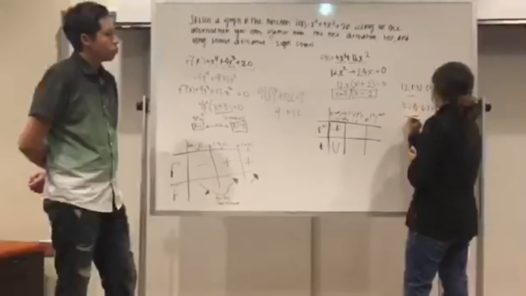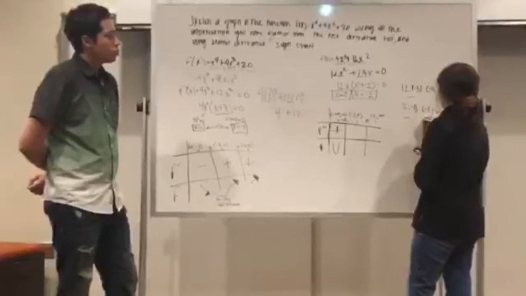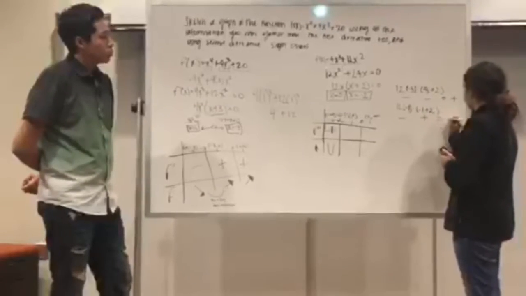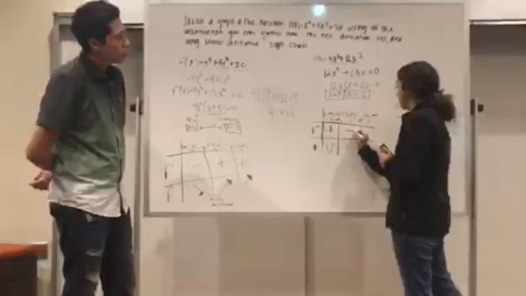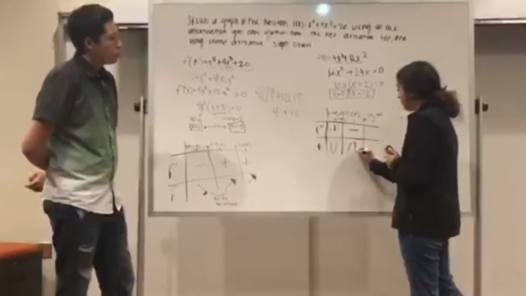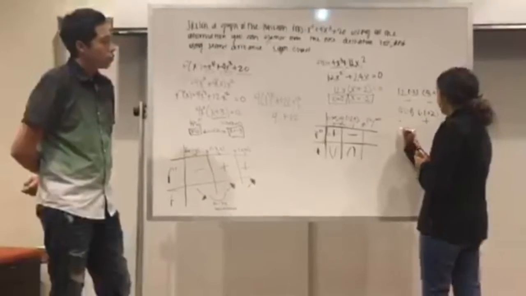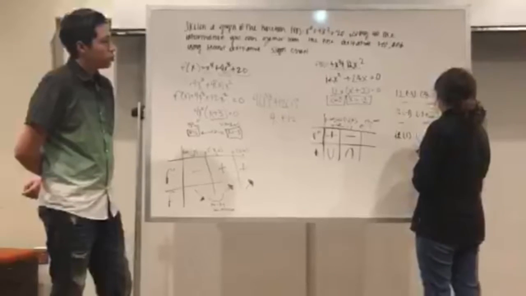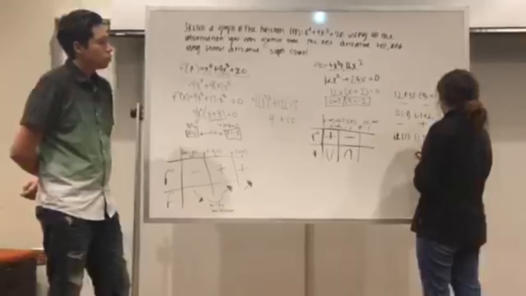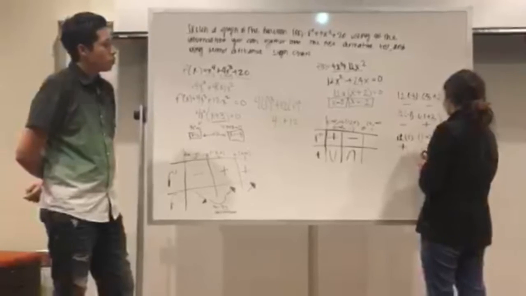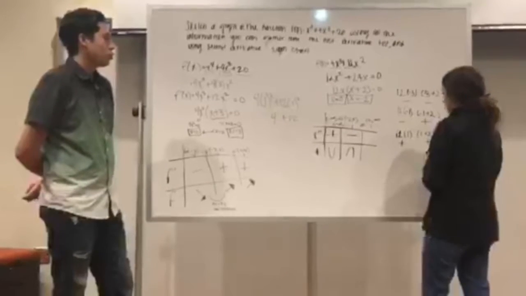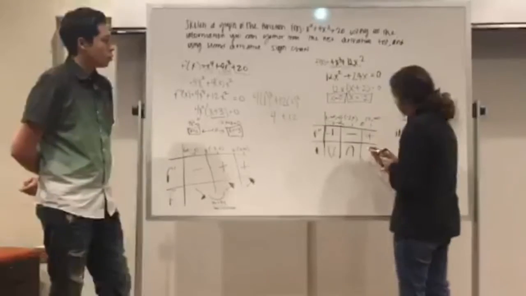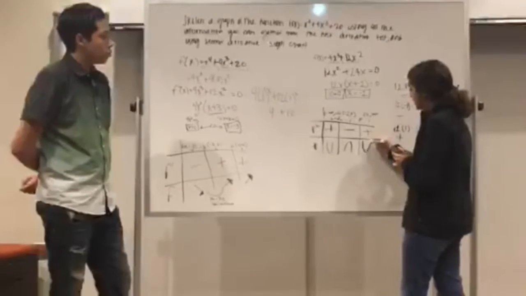This is equal to a negative number times a positive number, which is a negative number. So the concavity of the graph will be going down. And finally, 12 times 1 times 1 plus 2, a positive number times a positive number is equal to a positive number. So the concavity of the graph will be going up.